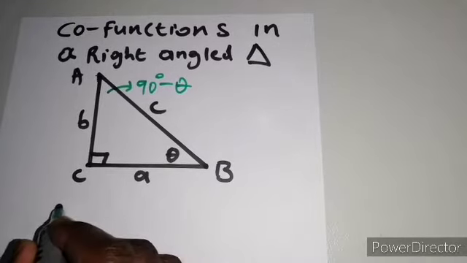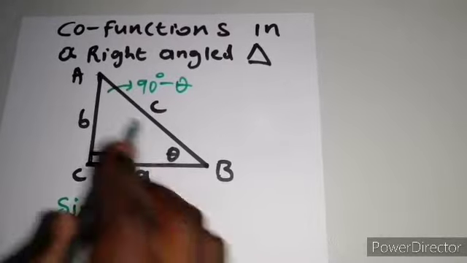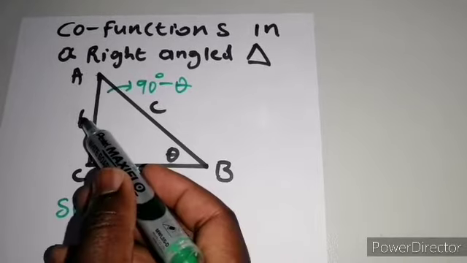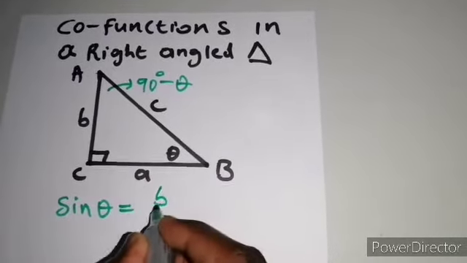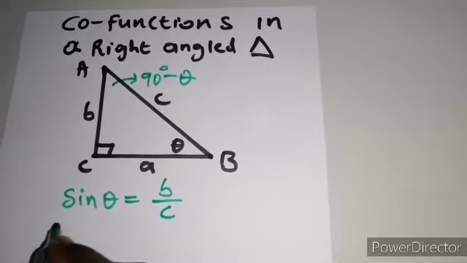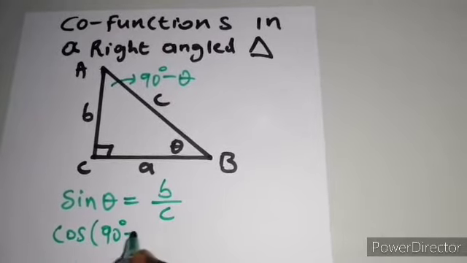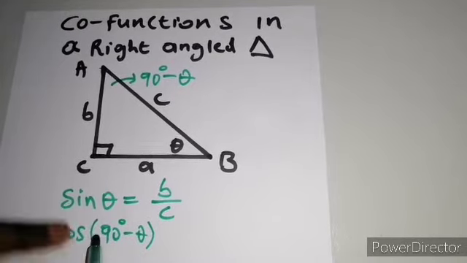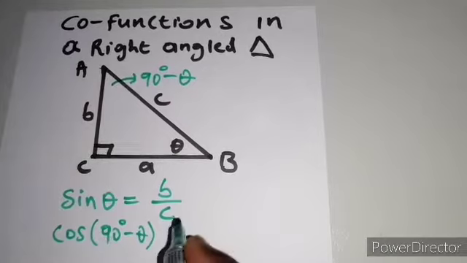Now, if we find the ratio of the sine of theta from this triangle, we know the sine of an angle is opposite side divided by hypotenuse, which is b divided by c. Now, let's find the cos of that angle, 90 minus theta. Remember, the cos of an angle is adjacent side divided by hypotenuse.